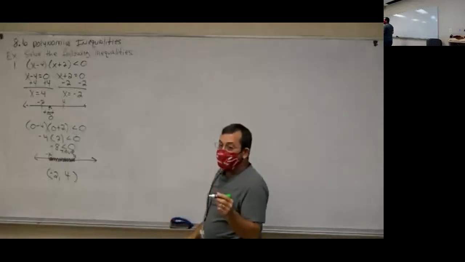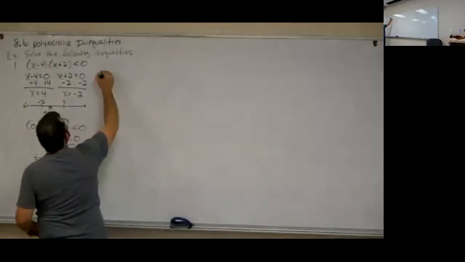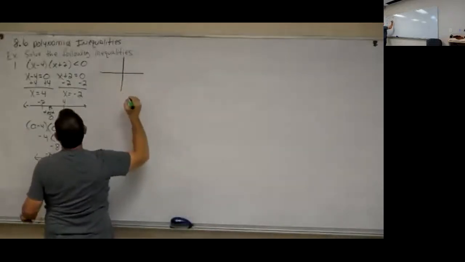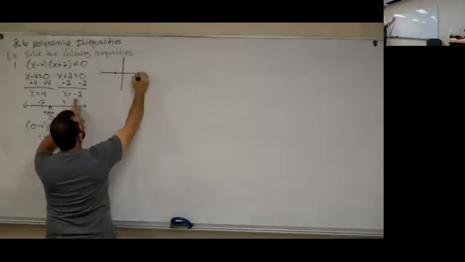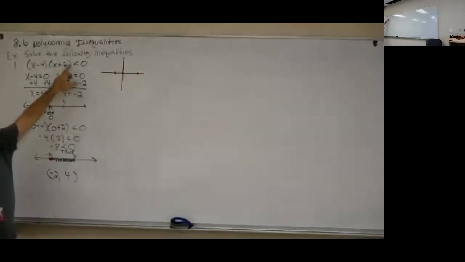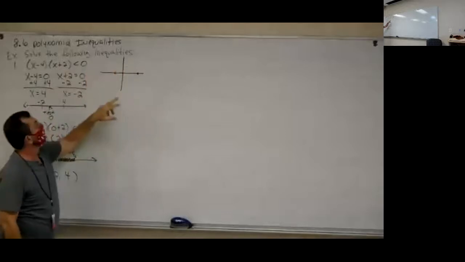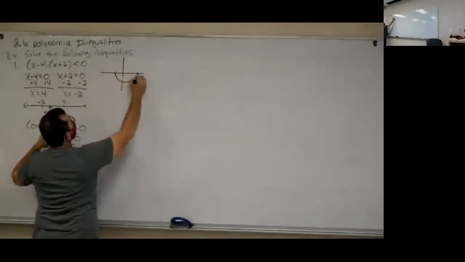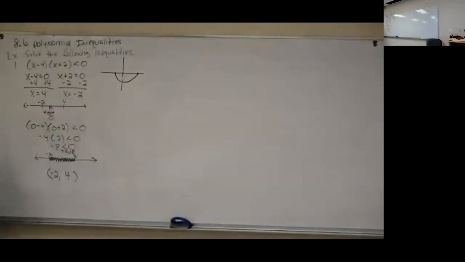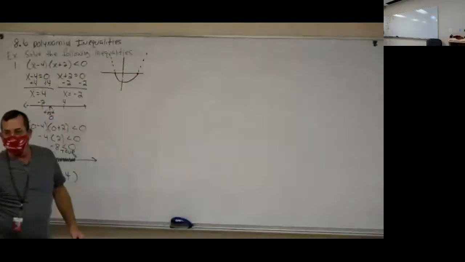Now, I will say this. If you was to graph this, oh, where was my answer? It's negative 2 here, and over here at 4. Since this is less than 0, remember the x-axis is 0 for the y's. What would happen is the part from negative 2 to 4 would be on the bottom, this interval, and then the rest of this would be up there.